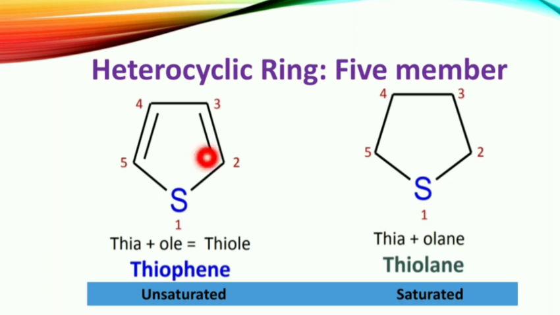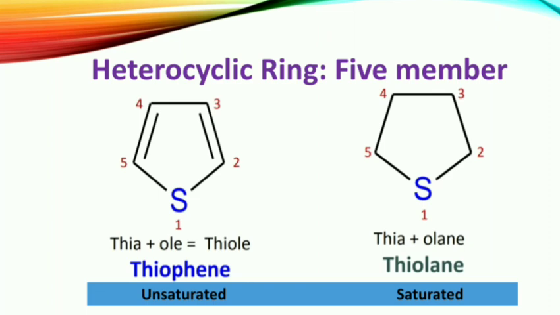This structure is an unsaturated compound, and for an unsaturated compound you use ole as the suffix. For sulfur the prefix is thio. Combining thio plus ole, you get thiole. This is the name for this structure, and the common name is thiophene.